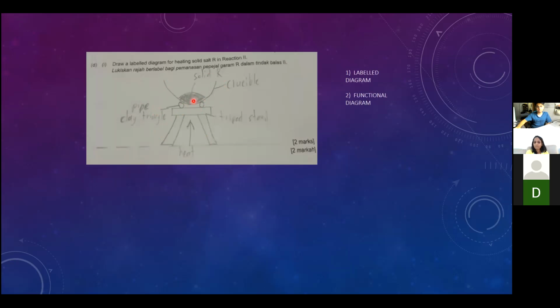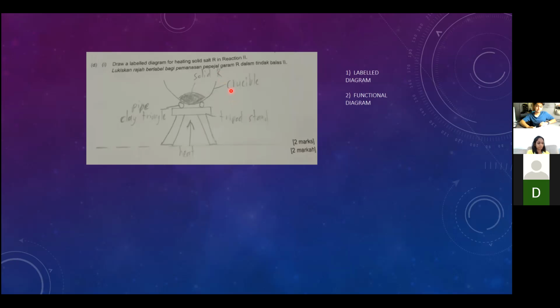We have to put the solid R, and you can either put a Bunsen burner or just a normal arrow indicating it's heating up. Make sure you draw labels, and it's functional. The experiment makes sense.